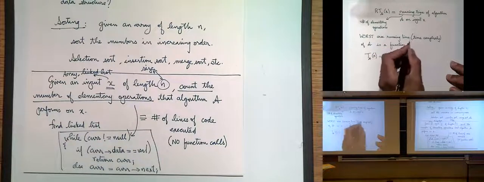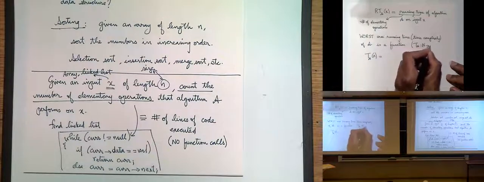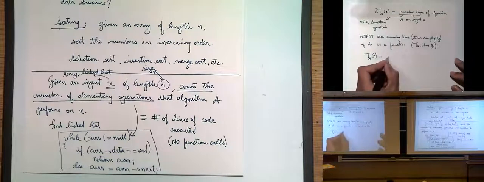Technically it's a function T sub A going from natural numbers to natural numbers. If that bothers you, don't worry about it, I can explain it.